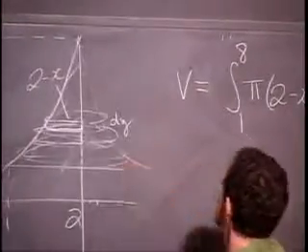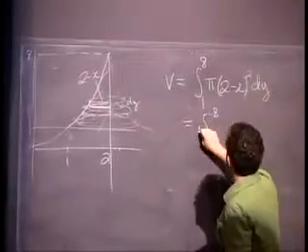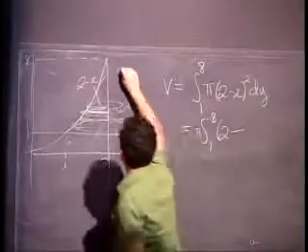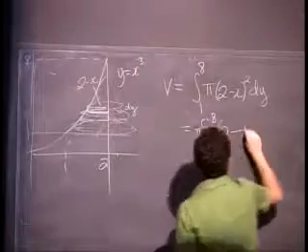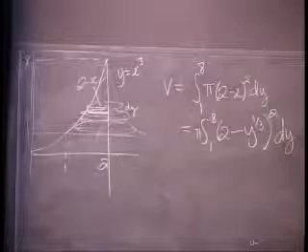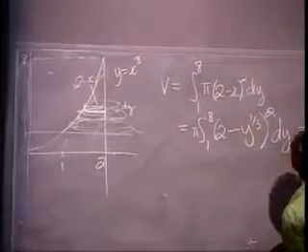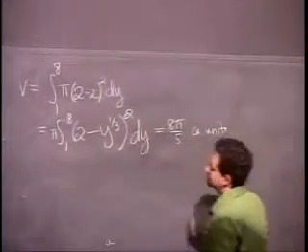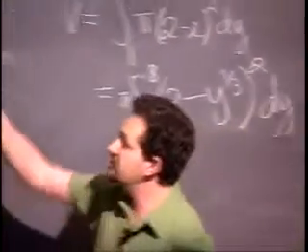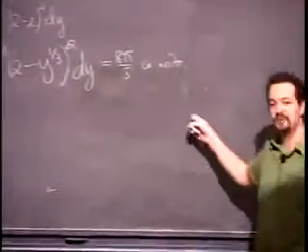So in particular, you'll have the integral of 2 minus x, and what is x? y equals x cubed, so x is y to the 1/3. And again, you should get 8 pi over 5. So this is an alternative and easier way of doing what I did by shells on the previous blackboard. And that is the way I should have shown you first.